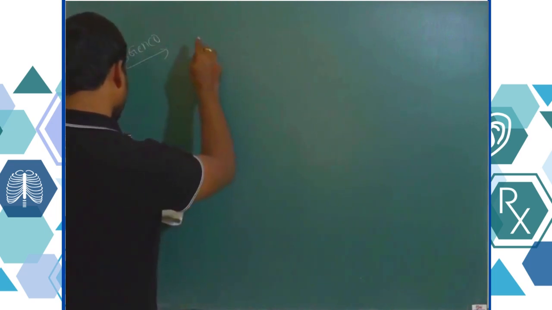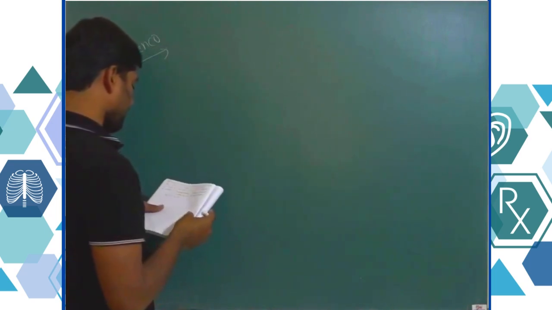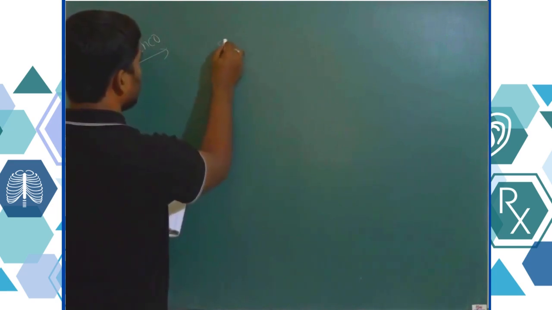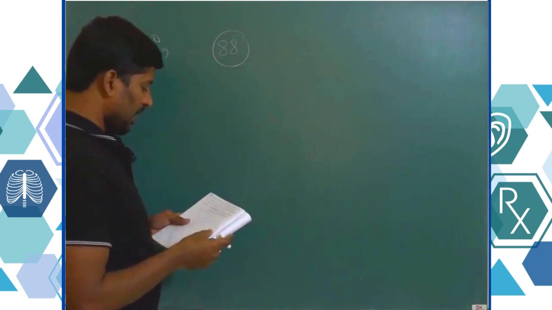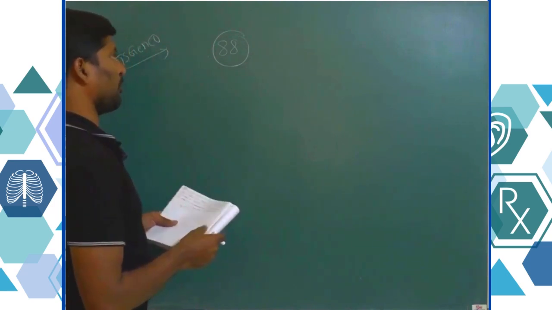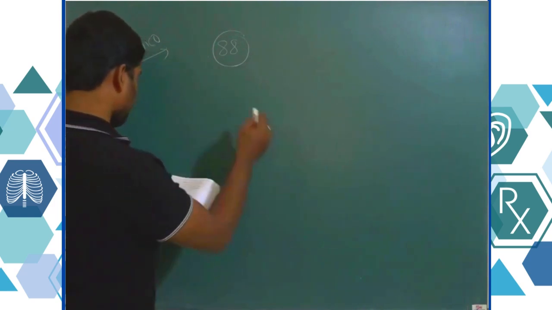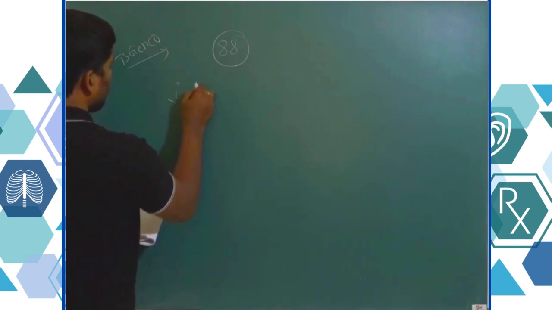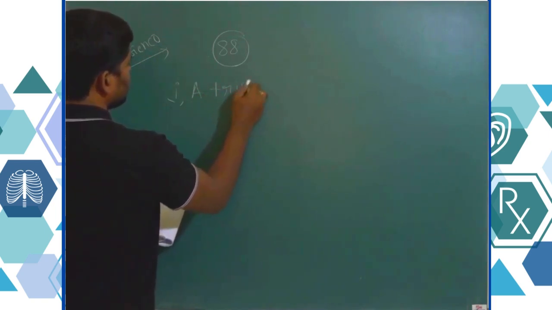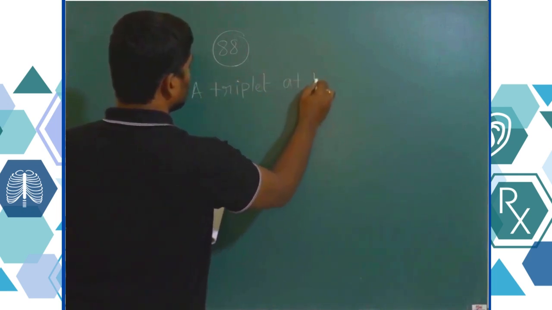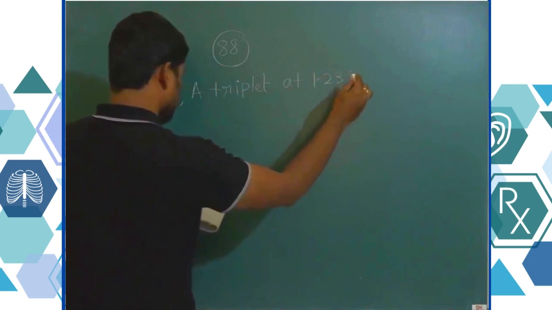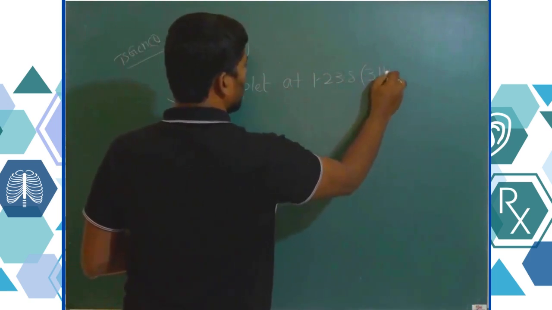Okay, this is from NMR spectroscopy. An organic ester with molecular mass 88 has PMR data as follows. It is given like this. A triplet at 1.23 delta, that corresponds to 3 hydrogen atoms.